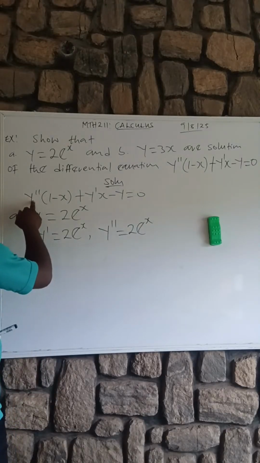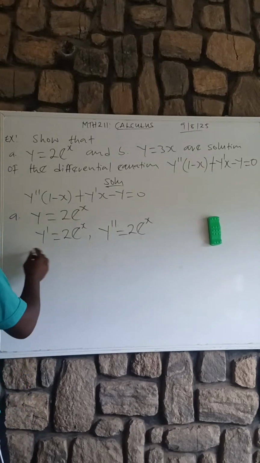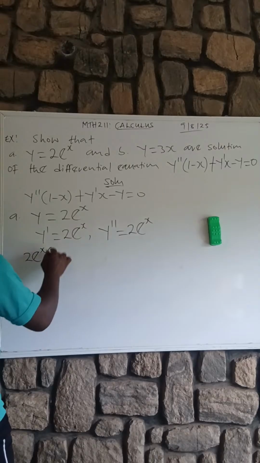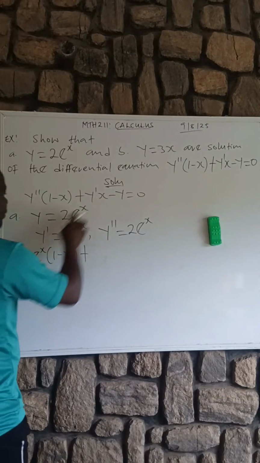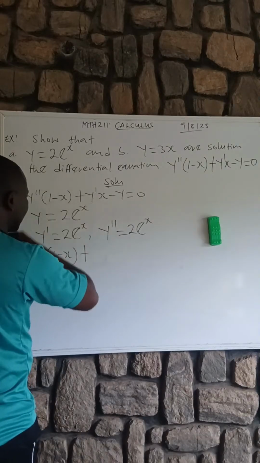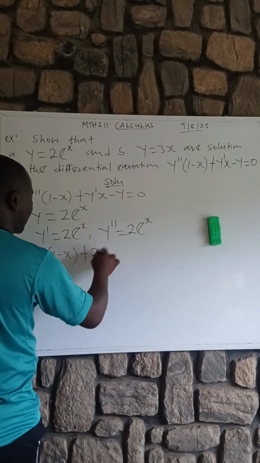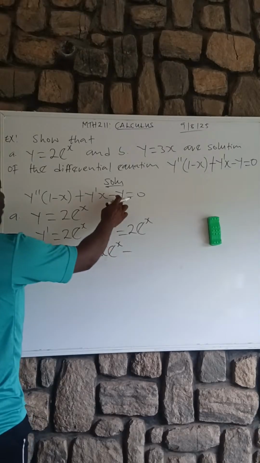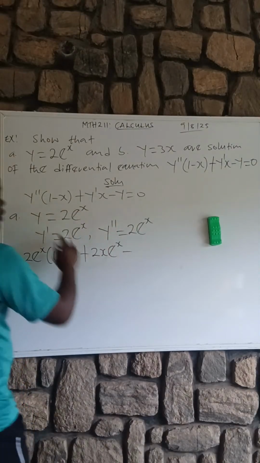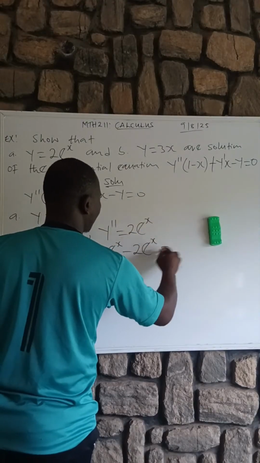Here we have y prime prime, and y prime prime is 2 exponential x. So we write 2 exponential x, open bracket 1 minus x, then plus y prime times x, so we have 2x exponential x, then minus y, which is 2 exponential x, equals 0.